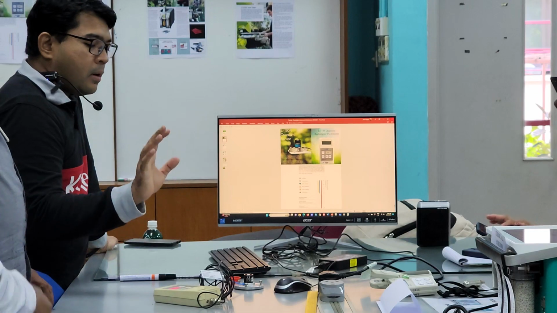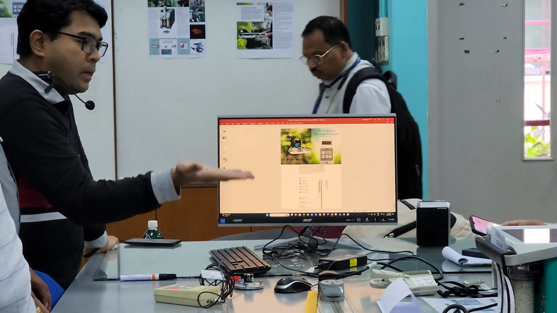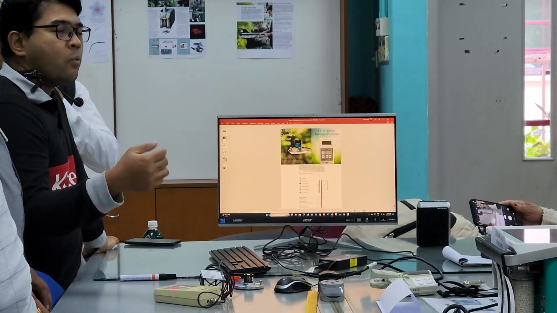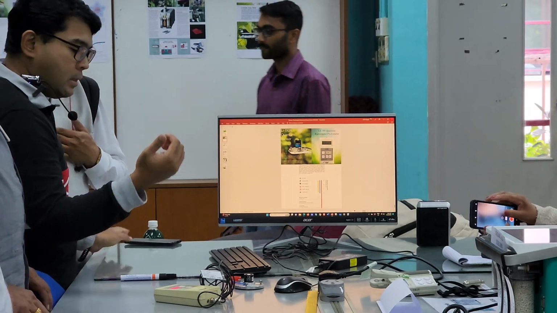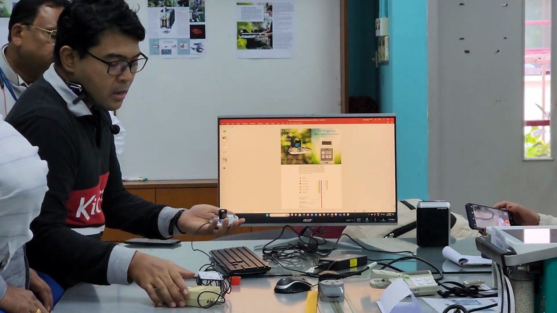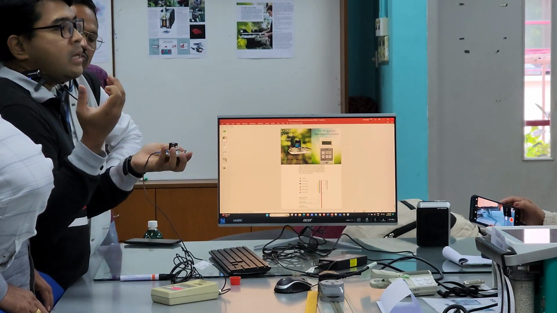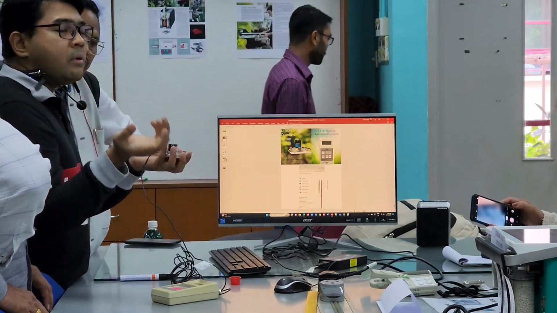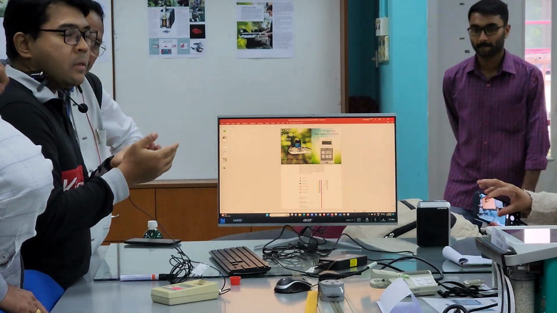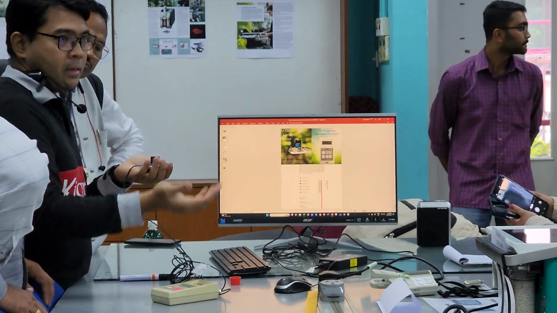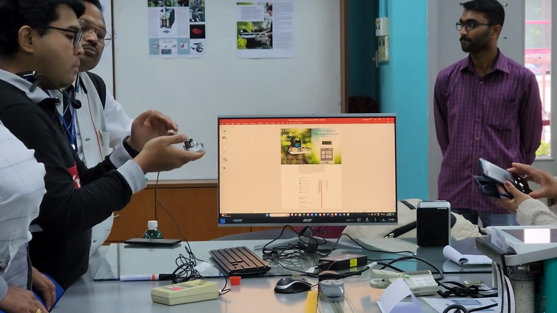So there are several ways you can quantify the light, whether you are talking about light quality or light quantity. When you talk about light quantity, you are talking about the exact number of photons, particles, per square meter per second. And this is what this equipment is doing.